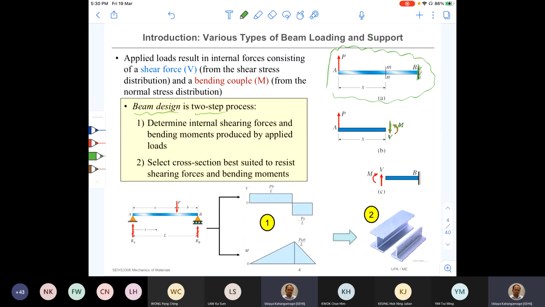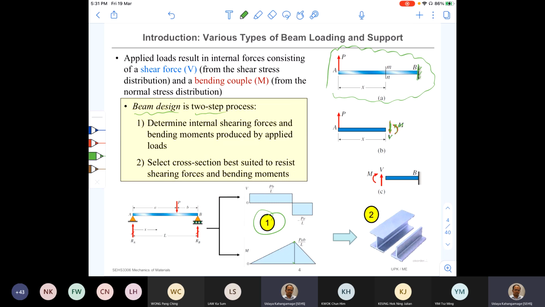The first step is to determine the internal shear force and internal bending moment. Okay, that will help us find the places where the maximum shear force and the maximum bending moment occur. So this is the first step. Draw two diagrams like this and locate the place where the maximum forces are.